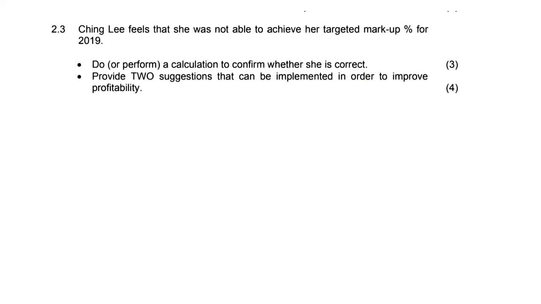And then we move to 2.3. So Ching Li feels that she was not able to achieve her target markup percentage. Bullet number 1, perform a calculation to confirm whether she is correct. So for our calculation, you need to calculate your markup percentage, right? Our formula for markup percentage is gross profit divided by cost of sales. Now that you are looking for a percentage, we're going to multiply by 100.